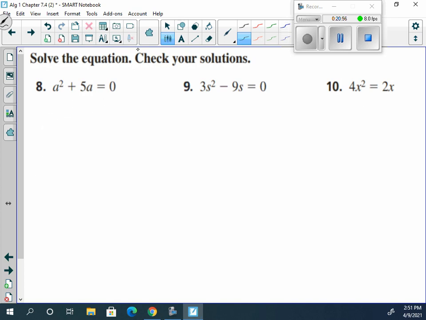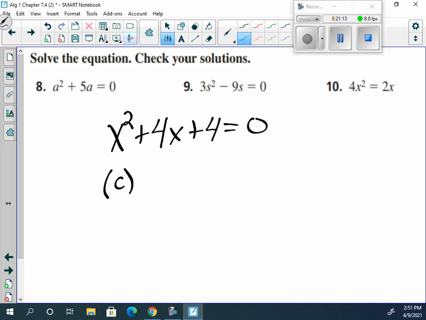And will we always have this? Well, no. Because we can deal with equations like this here, and we will eventually get there. Because if we try to plug 0 in, well, 0 squared is 0. 4 times 0 is 0.